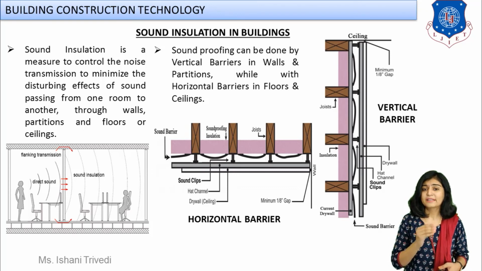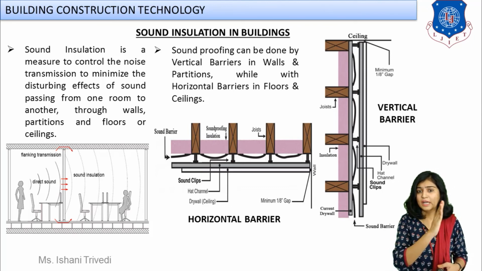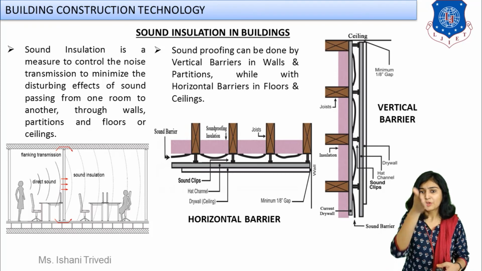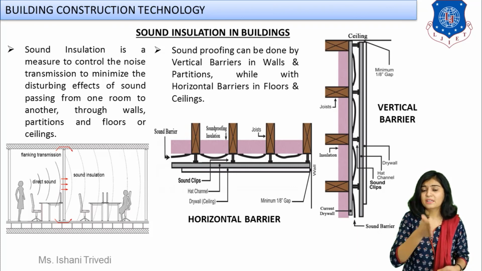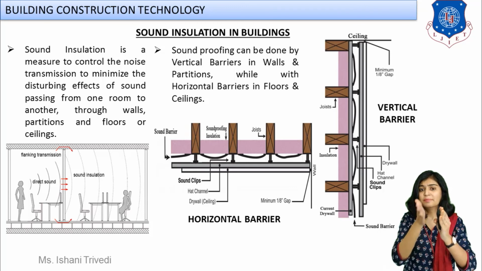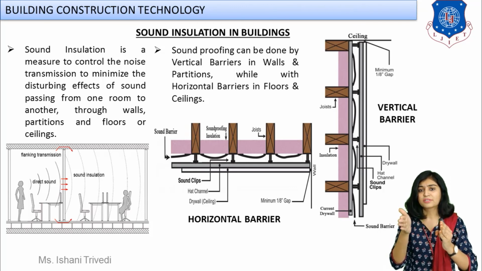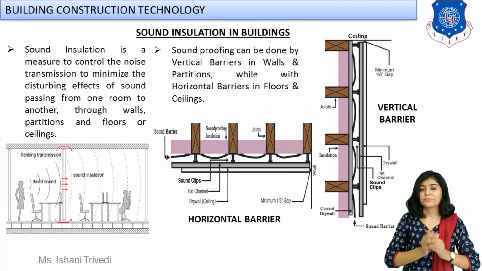Now, basic theory regarding the sound insulation, you can see in the line diagram which is shown in the extreme left, that how the sound passes directly. You are providing a kind of a barrier, right? In your walls and in your ceilings, you are providing a kind of a barrier, and because if your sound will pass, because of that barrier, it will absorb it and it will not allow the sound to pass inside the room, right?